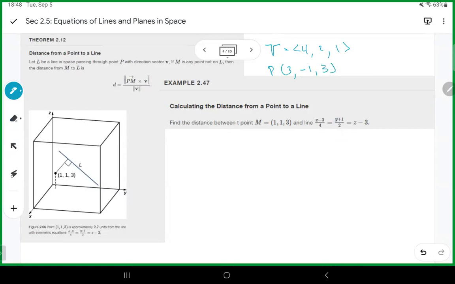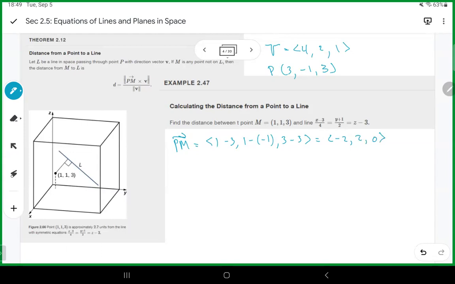Okay. So then if we're looking for PM, we would end up with 1 minus 3, 1 minus -1, and then 3 minus 3, which will be -2, 2, and 0.